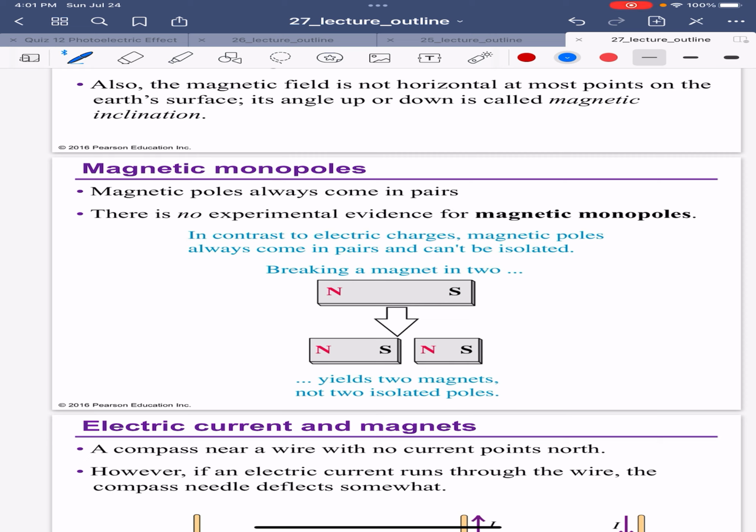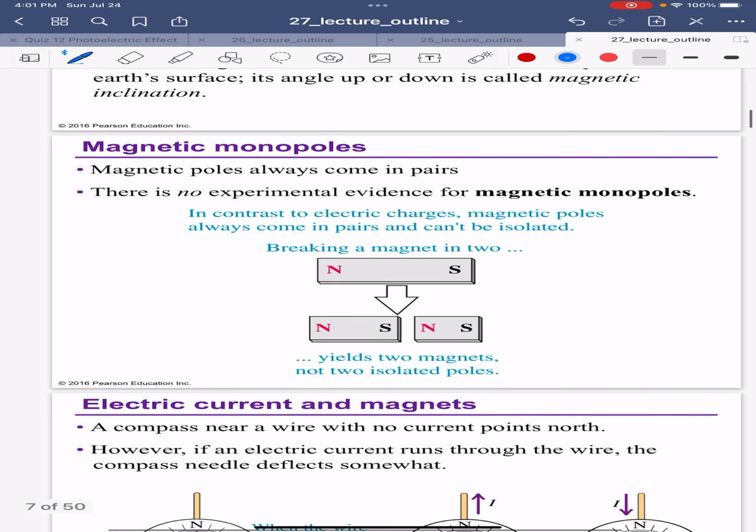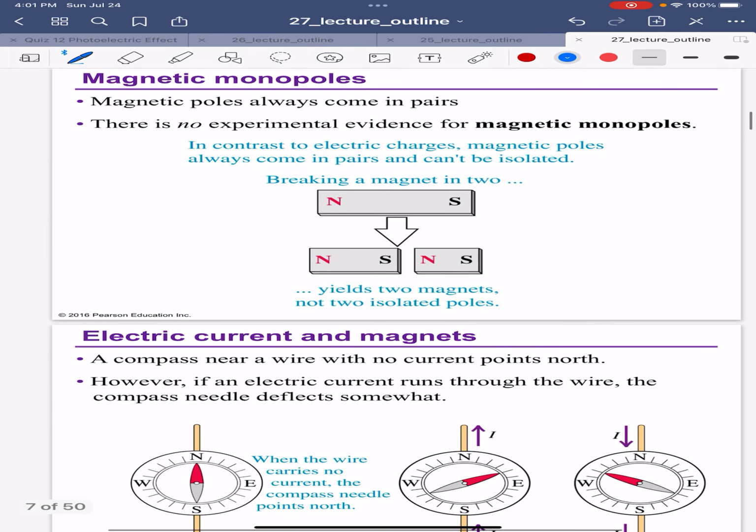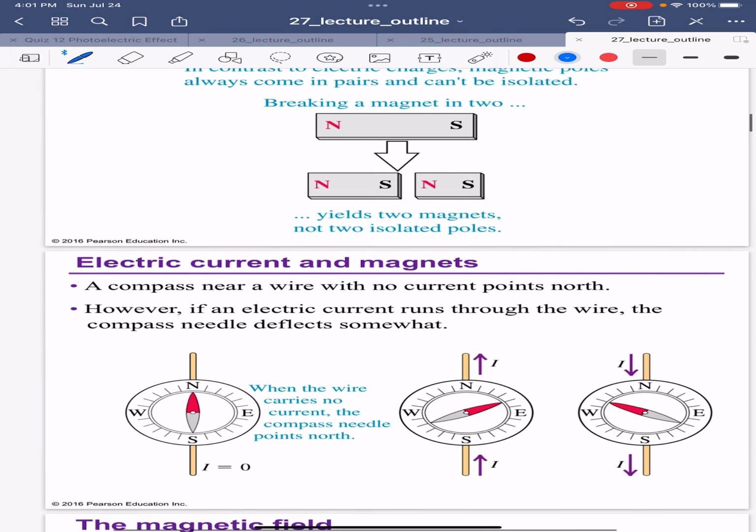Even if you have a magnet and you cut it into two pieces, it's going to have north and south, and then you keep on cutting, it's going to stay having a north and south pole. Whereas with electricity, of course, we can have a single negative charge or a single positive charge.